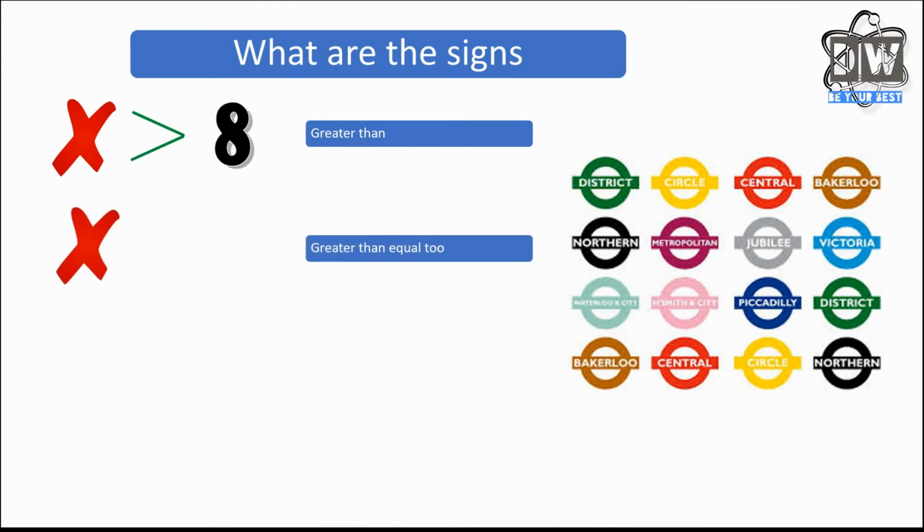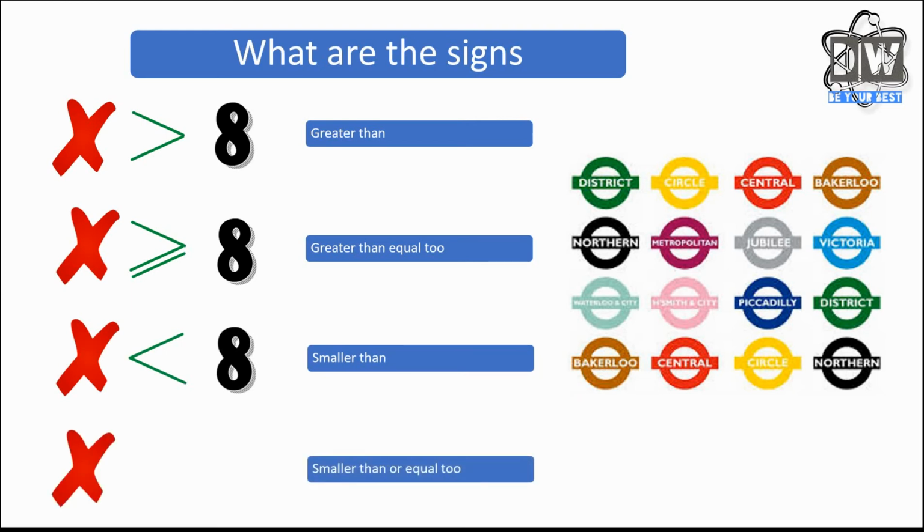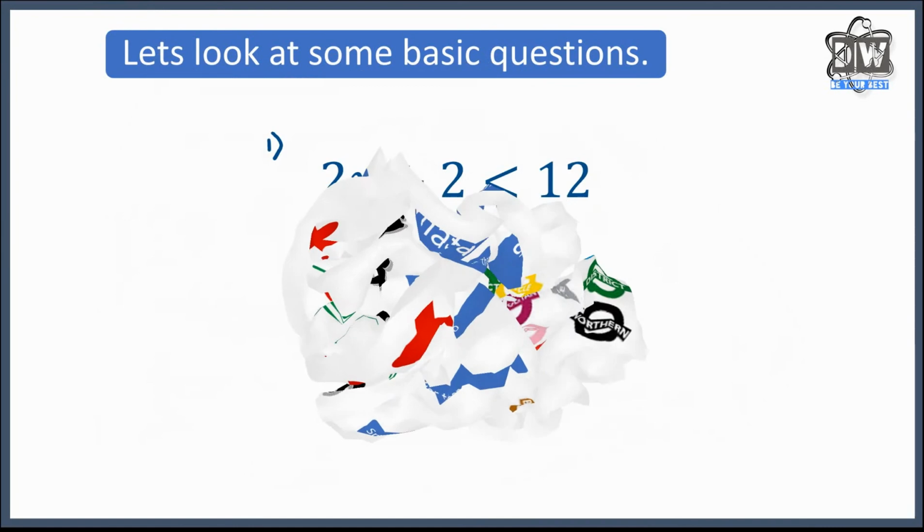Greater than or equal to means that x would be 8 or more: 8, 9, 10, 11, 12, whole numbers, remember. x is smaller than 8, so it's definitely going to be 7 or less. And last but not least, x is smaller than or equal to 8, which means it could be 8, 7, 6 or less. Hopefully that makes a lot of sense. If it doesn't, then I apologize. You might need to go back and watch those videos as mentioned before.